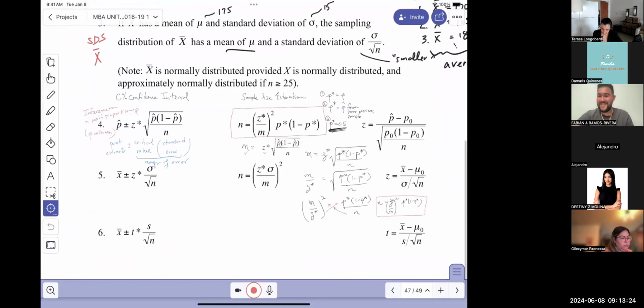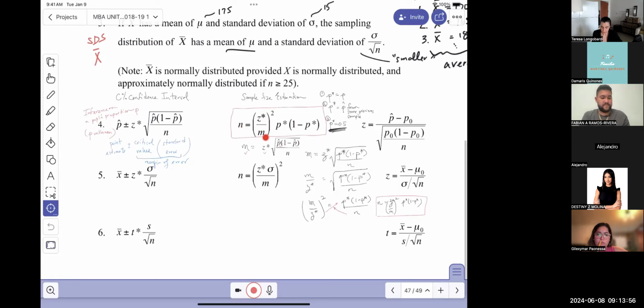As I said, this was the margin of error using p hat from the sample. And we solve for the sample size estimate by isolating N and taking these as given, recognizing the relationship between them and these other variables. As a researcher, you can specify the confidence interval level you want. You can specify the level of the margin.